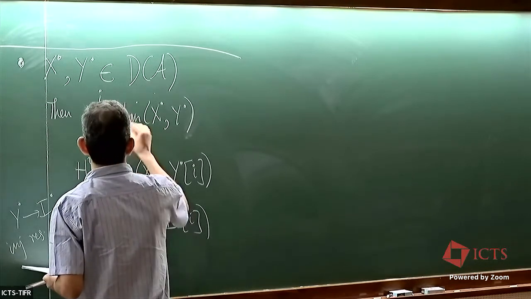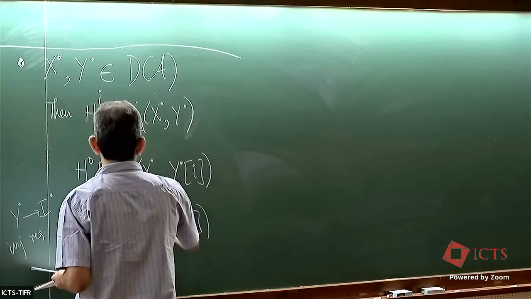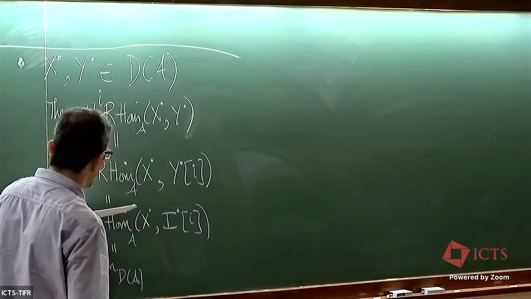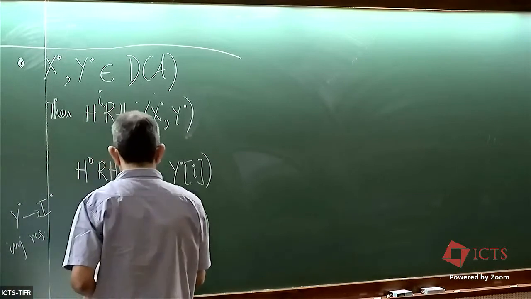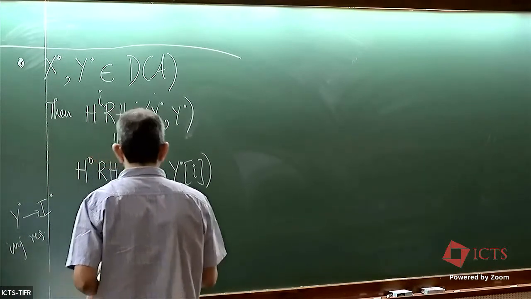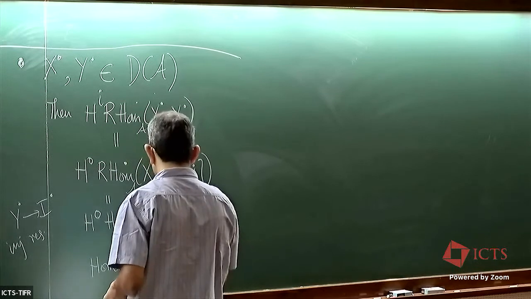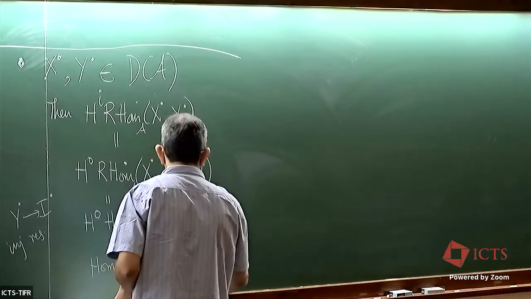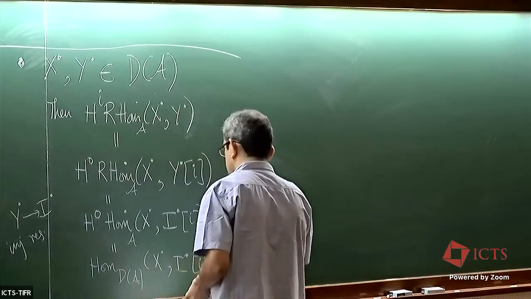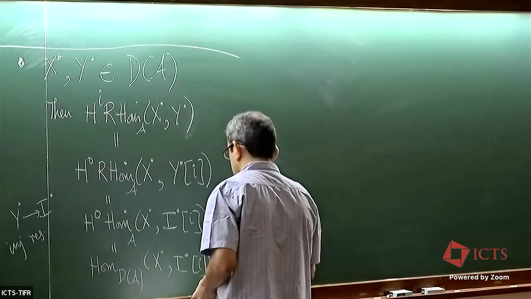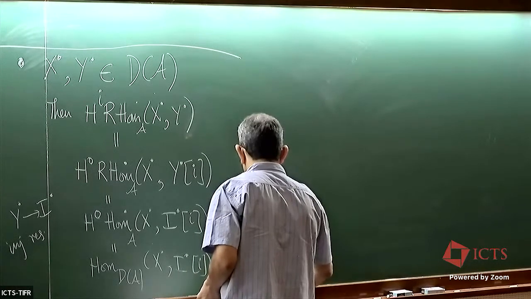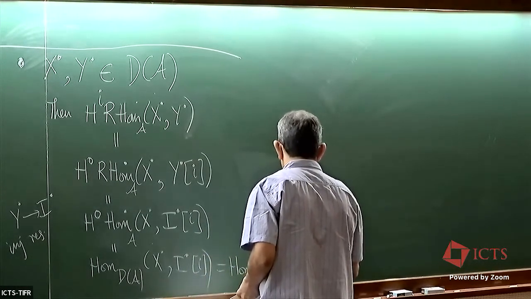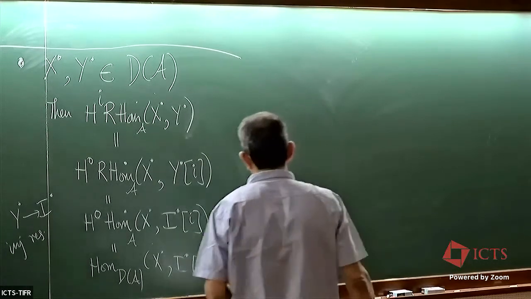This was all over A. Now, instead of hom dot from a complex, I've gone to a single abelian group, hom of x dot comma I dot shifted by i, which is also the same as hom in the derived category of x dot and y dot shifted by i. Okay, that's the second point.